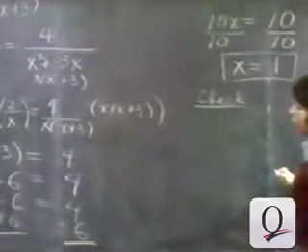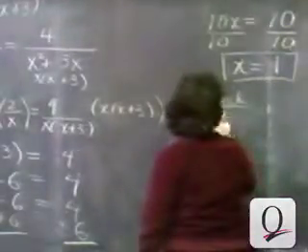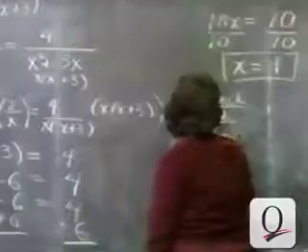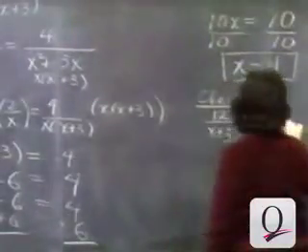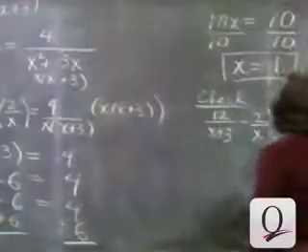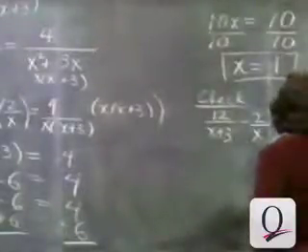Going back to the original equation, which was 12 over x plus 3 minus 2 over x equals 4 over x squared plus 3x.